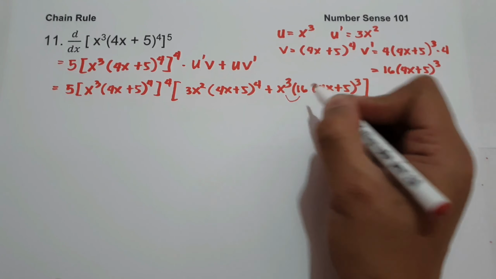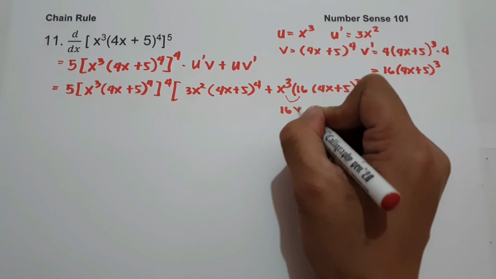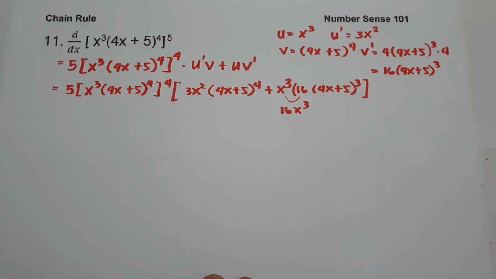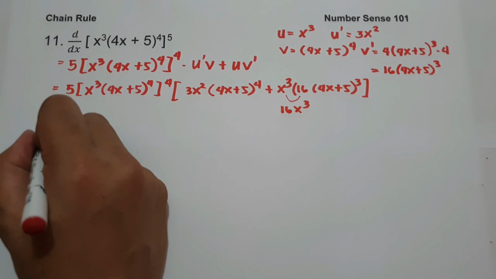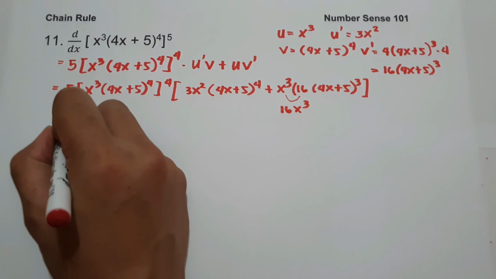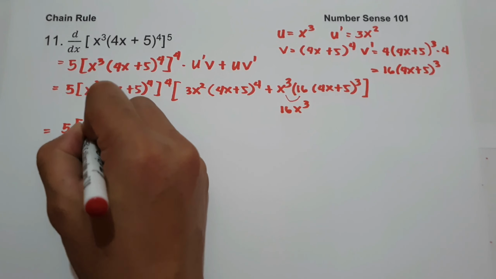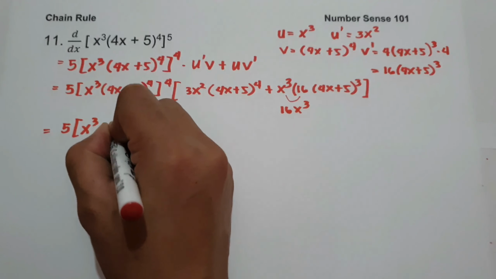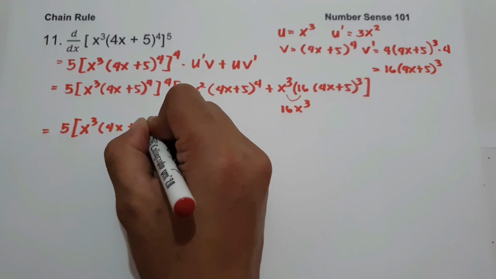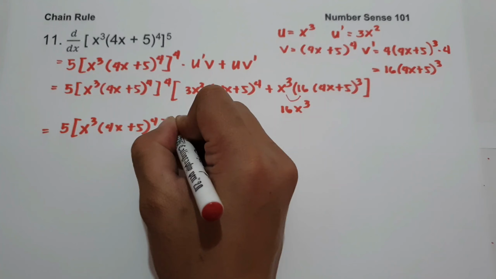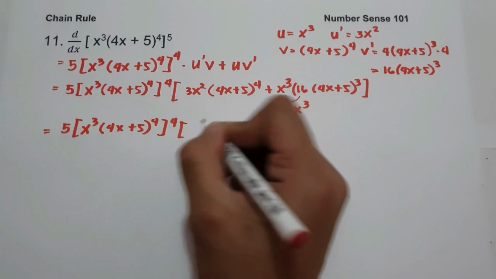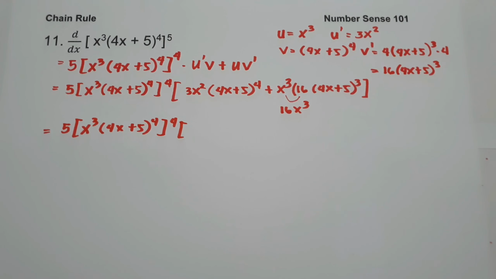So let us multiply this one. It will give us 16x cubed. And then, let us write again 5x cubed times 4x plus 5 raised to 4. And then, we are going to get the greatest common factor of 3x squared and x cubed.